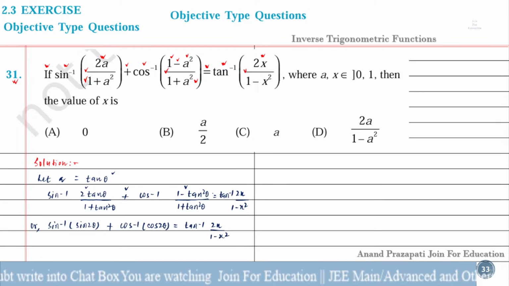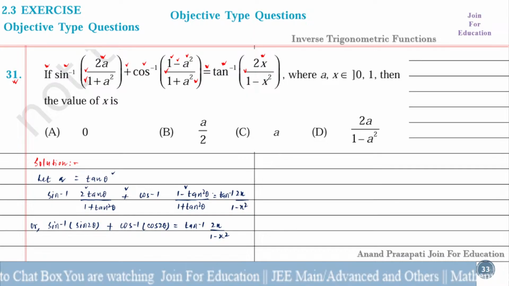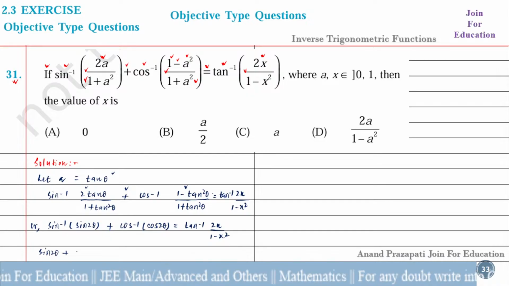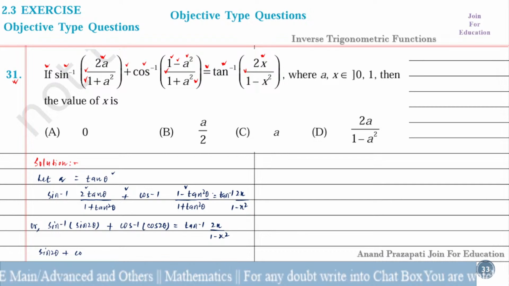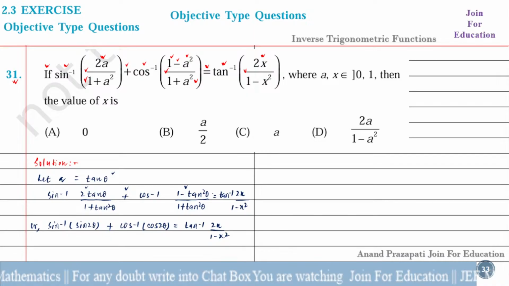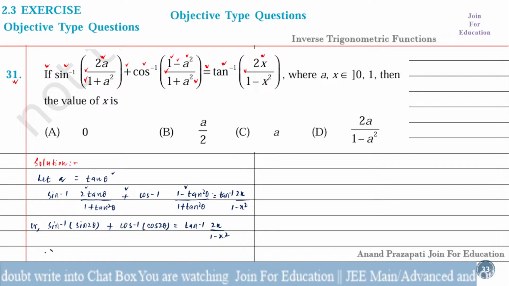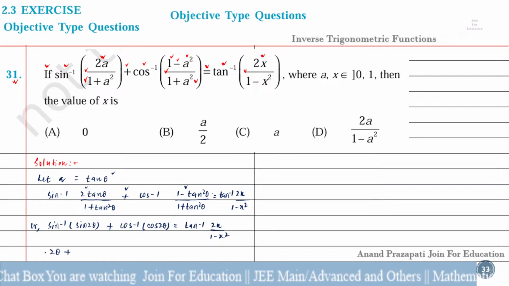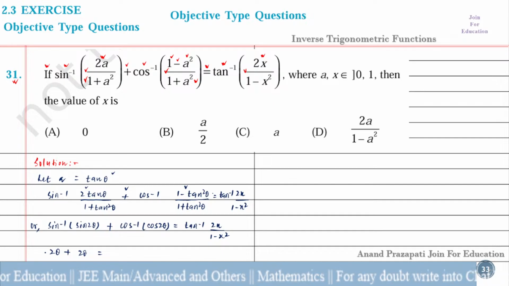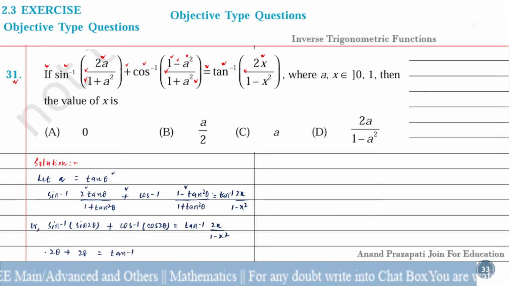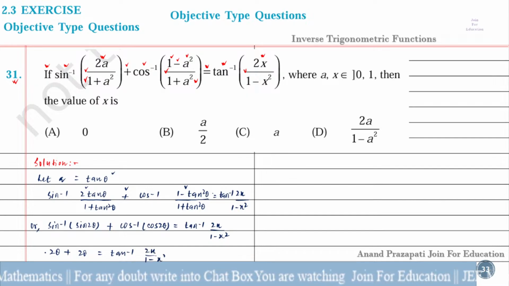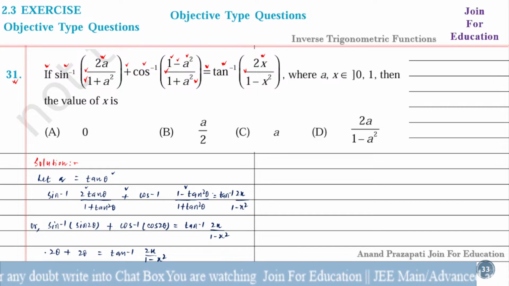Therefore, sine inverse sine 2 theta equals 2 theta, plus cos inverse cos 2 theta equals 2 theta, equals tan inverse 2x by 1 minus x square. Hope there is no problem understanding up to this step.